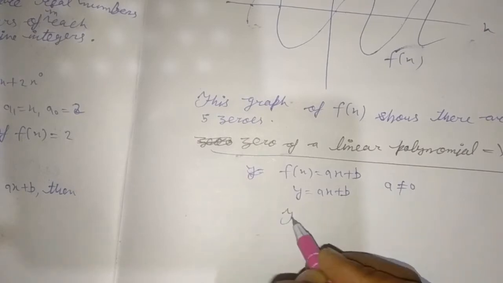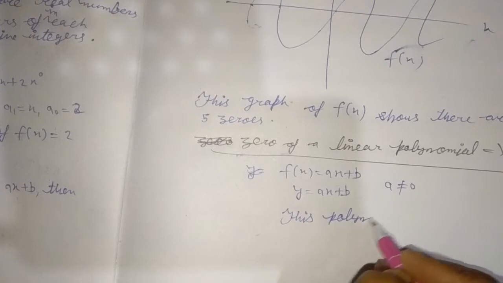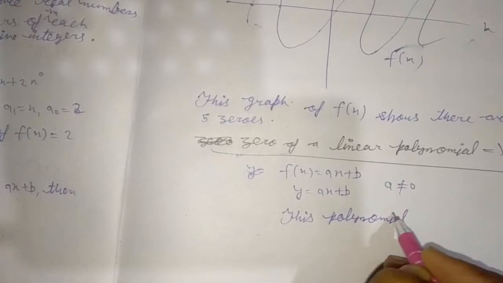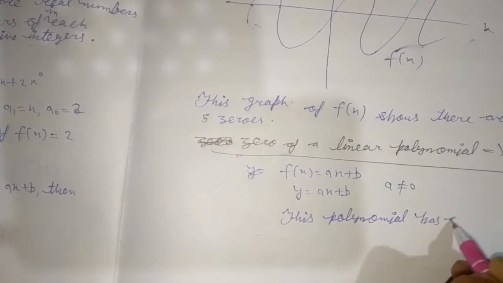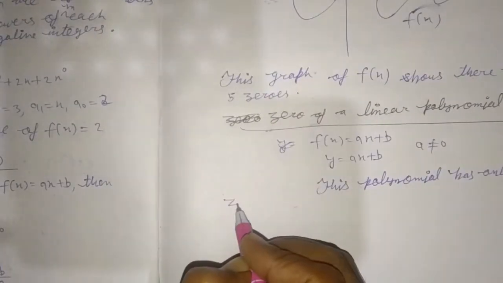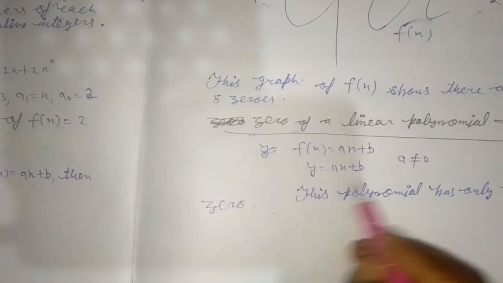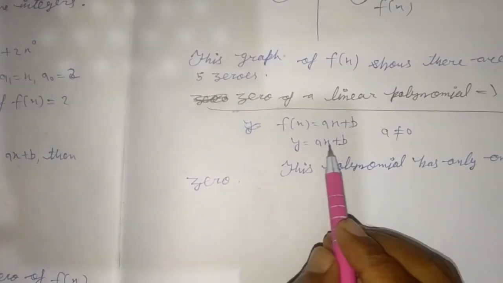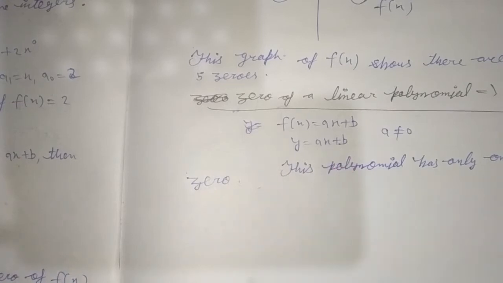So this polynomial has only 1 zero. Because algebraically, the highest power of this polynomial is 1, therefore it has 1 zero.